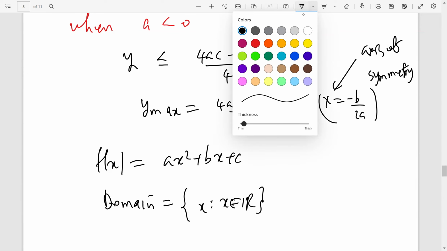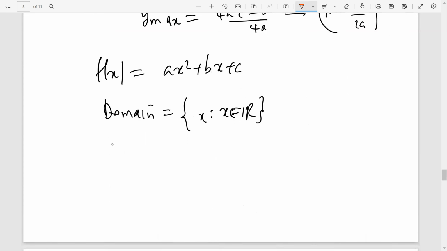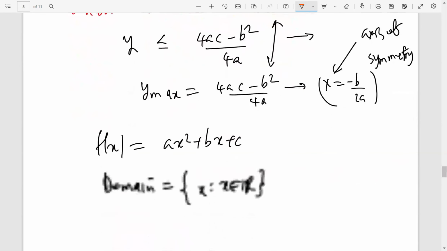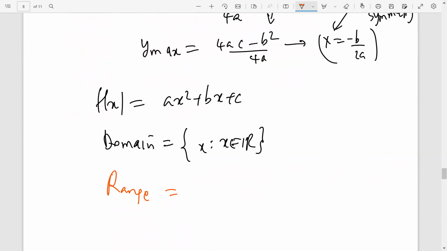What about range? Range depends on how our function is. So when a is less than 0, you remember how the function was, it means range will be the set of y values such that y is less or equal to 4ac minus b squared over 4a.